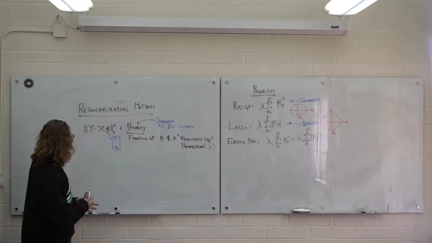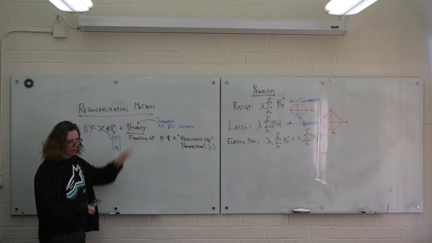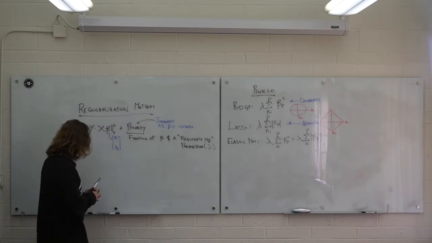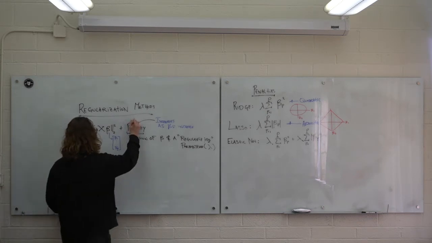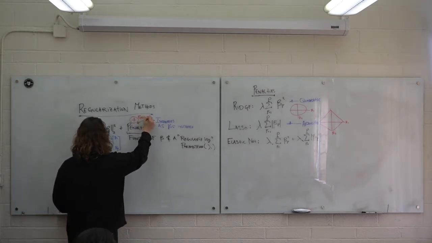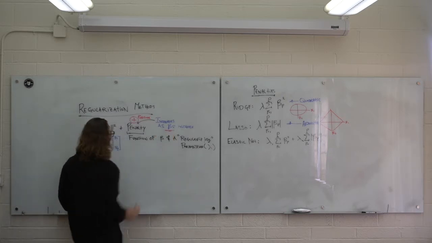But what is regularization? You've got your objective function and you add a penalty to it. And this penalty has to be positive. It increases as a function of the betas.